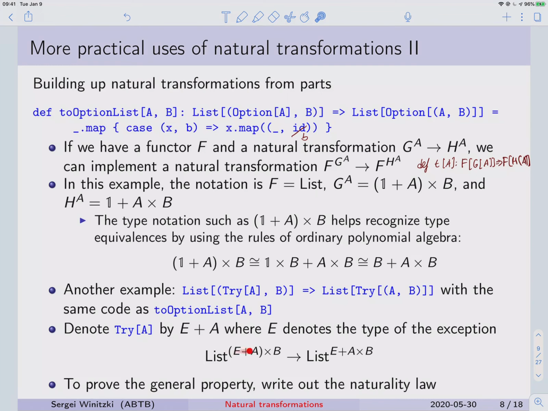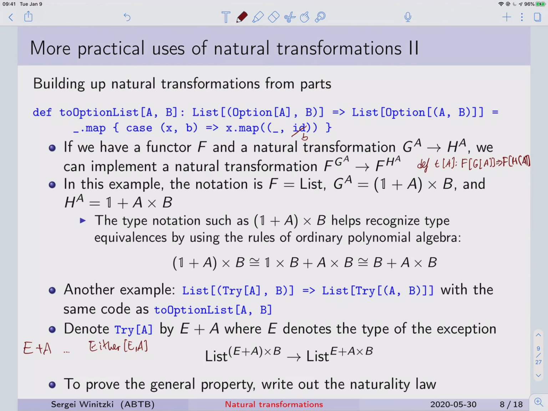And then you have this type formula. So basically, let me just indicate that e plus a stands for either of e and a, and the trie type can be seen as an either of throwable and a. It's equivalent to that.